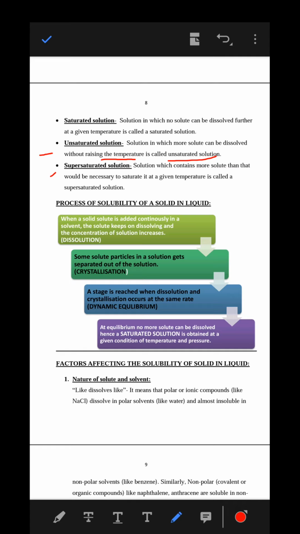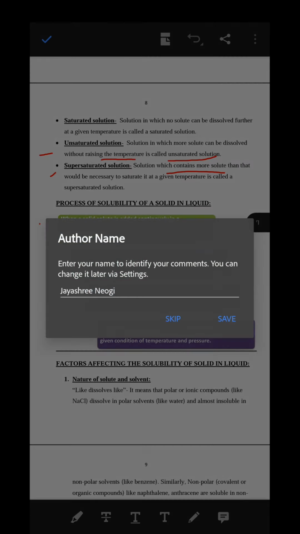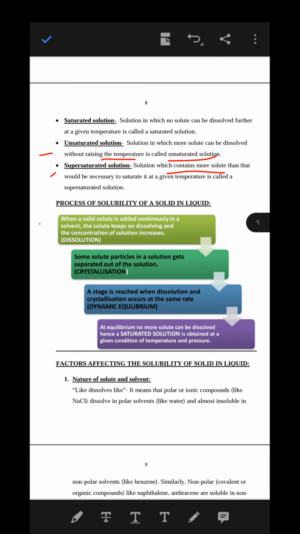A solution which contains more solute than that would be necessary to saturate it at a given temperature is known as supersaturated solution. So before moving into the process of solubility of solid in liquid, let's talk about the process of dissolution first, that is how the process of dissolution takes place.